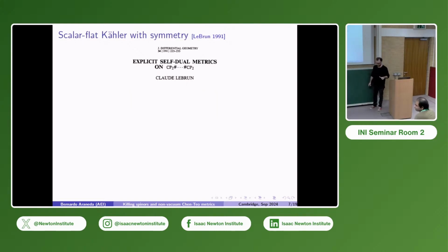One possible generalization is this remarkable work from Claude LeBrun about scalar flat Kähler geometry. What LeBrun showed is that if you have any Kähler metric with zero scalar curvature and with a Killing field, then it must be given by this local metric. So this is a generalization of the Gibbons-Hawking ansatz.